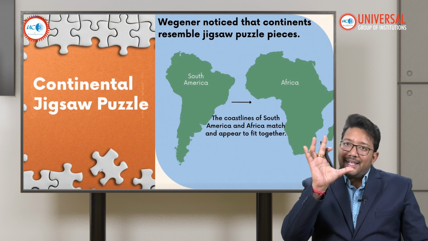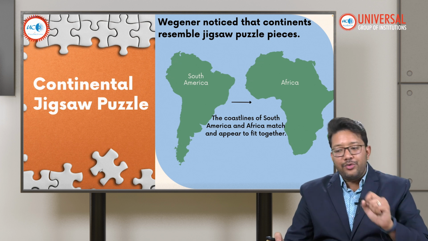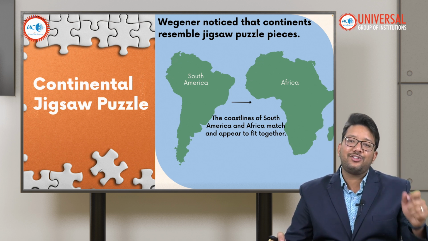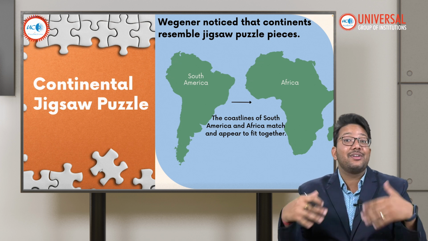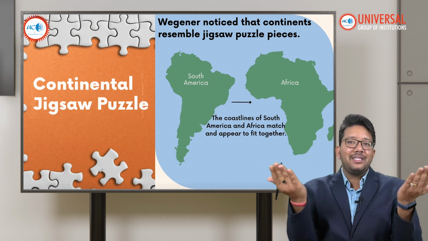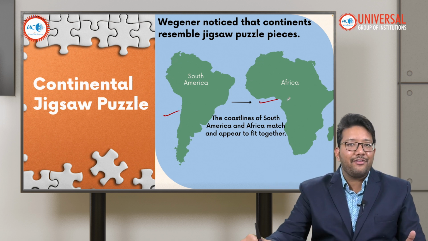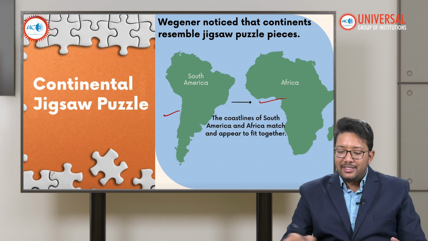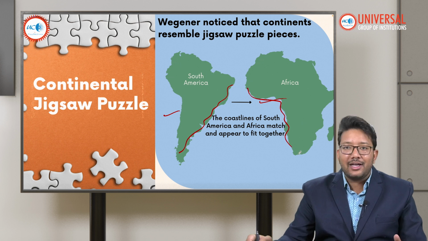So what exactly happened? Let's go to the past. Alfred Wegener noticed that the continents resemble jigsaw puzzle pieces. He was in the Atlantic Ocean doing some exploration for research purposes, and he opened the map. In this map he saw South America and Africa, and it came to his mind that the coastline of South America is matching with Africa.